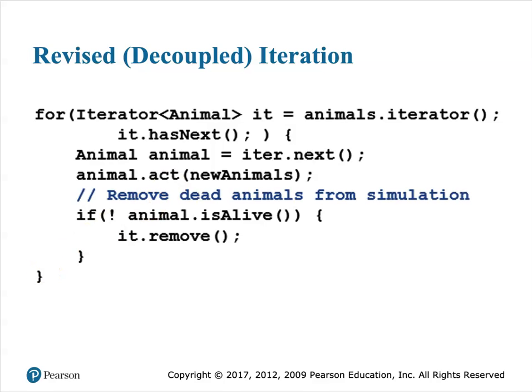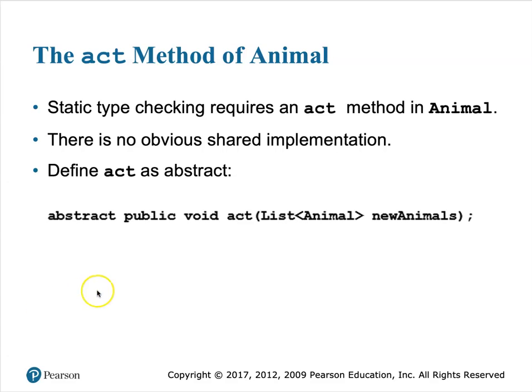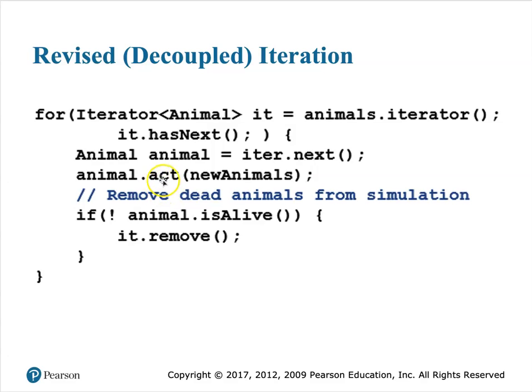The way we get around this conundrum is that we need to tell the subclass that it must override. The way we make something require to override a method is by making that method abstract. See, one more time, this line right here, animal.act, the compiler only knows it's an animal object. So act must be declared in animal to satisfy static type checking.